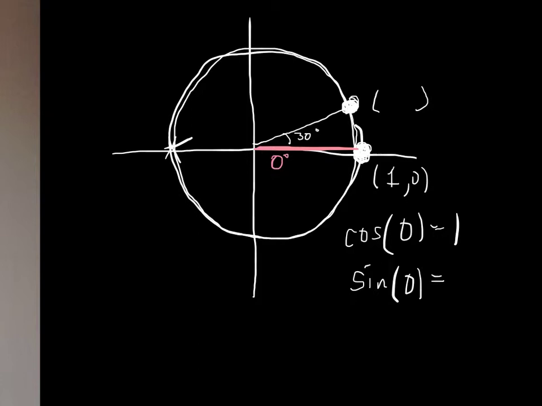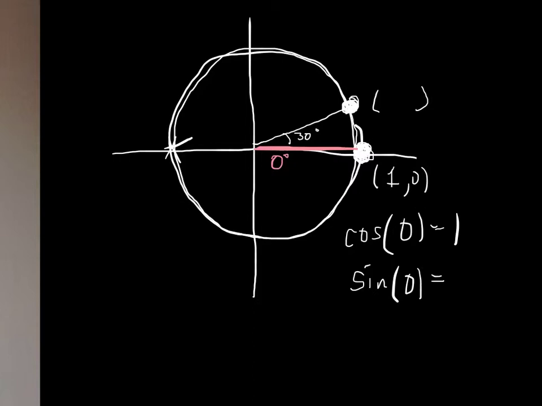So the question is, what information can we write down using this point on the unit circle and the knowledge that the angle it goes with is 0 degrees, and that its x-coordinate is 1 and its y-coordinate is 0?